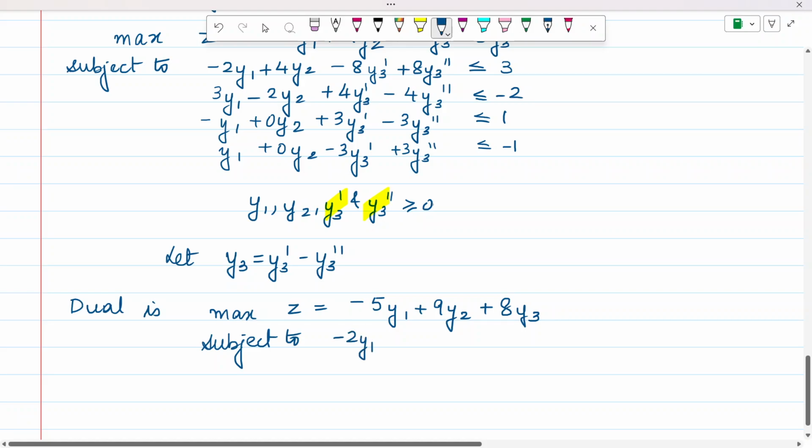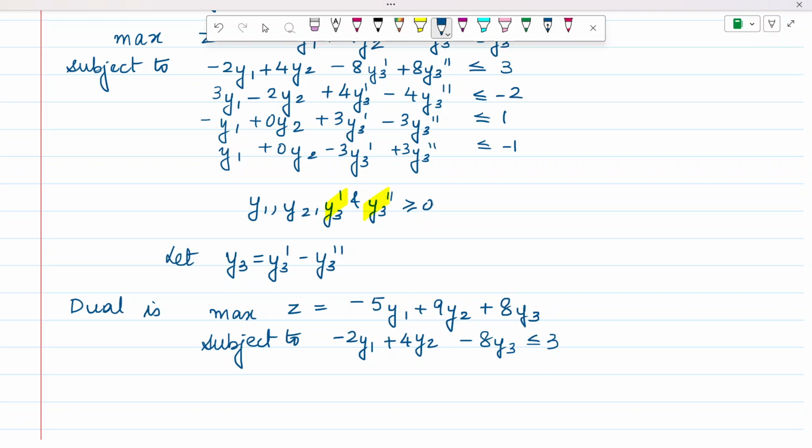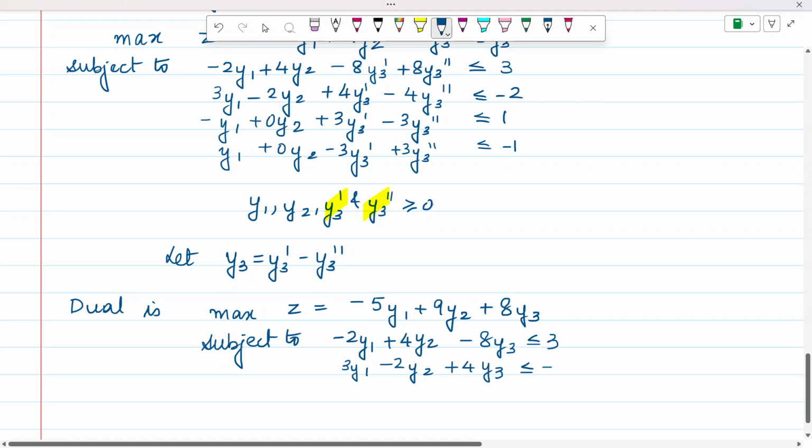negative 2y1, positive 4y2, and negative 8y3 less than or equal to 3. Then you have 3y1, negative 2y2, 4y3 less than or equal to negative 2, negative y1, 0y2, 3y3 less than or equal to 1, and lastly y1, 0y2, negative 3y3 less than or equal to negative 1.